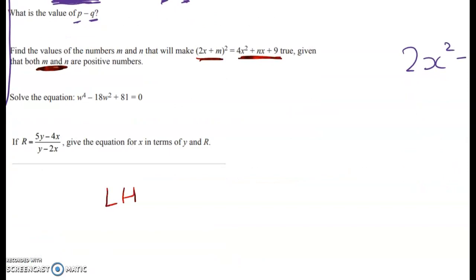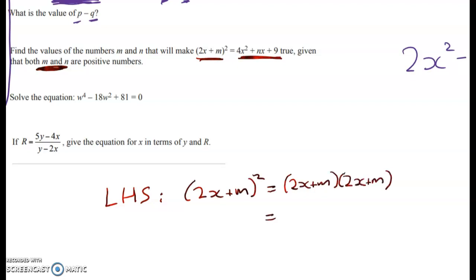So on the left-hand side, which I'll write as LHS, we've got (2x plus m) squared, and we can expand that out like this. This one times this one, 4x squared, this one times this one, 2mx, this one times this one, 2mx again, plus m squared.